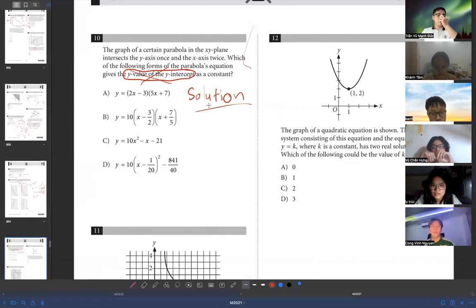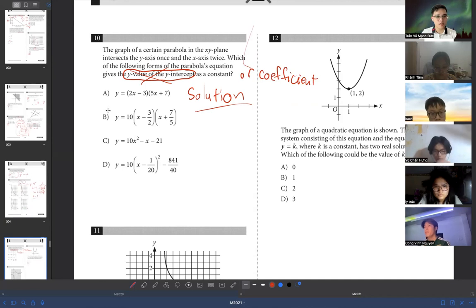Okay, so when they ask for the solution as a constant or coefficient, it means that they want to find the solution right as they were looking at the graph or the equation. So in this case, B, you can clearly see what the solutions of this equation are.